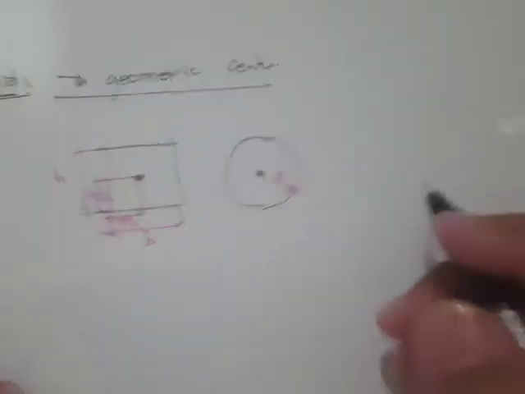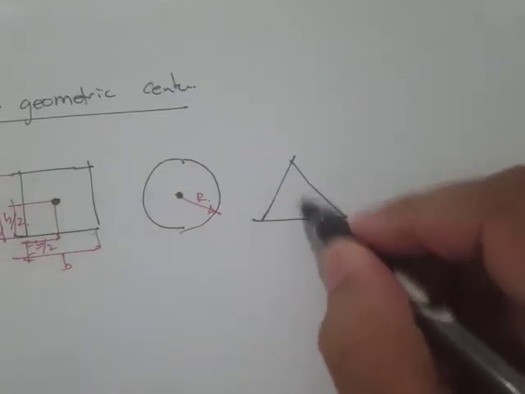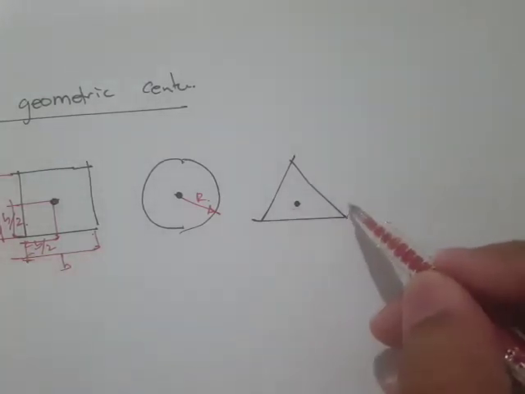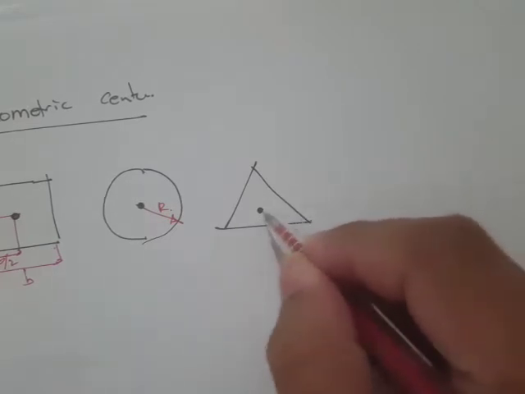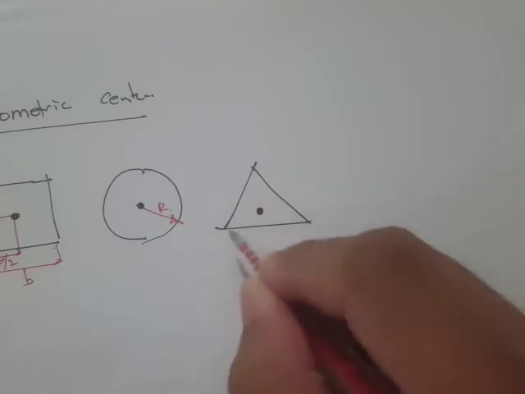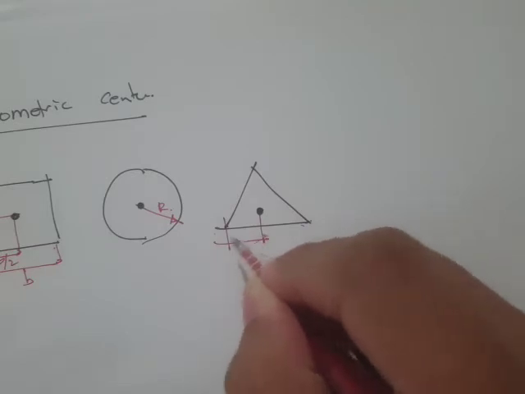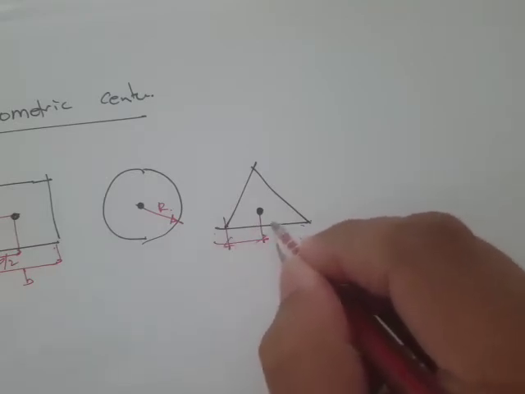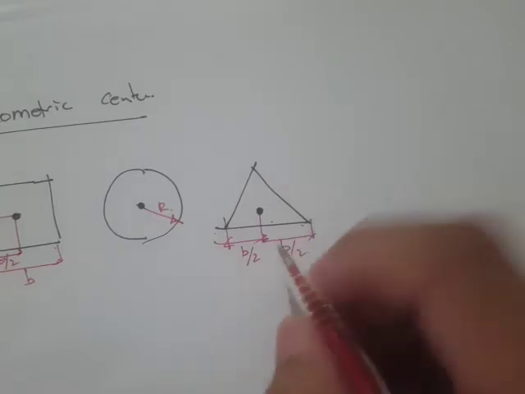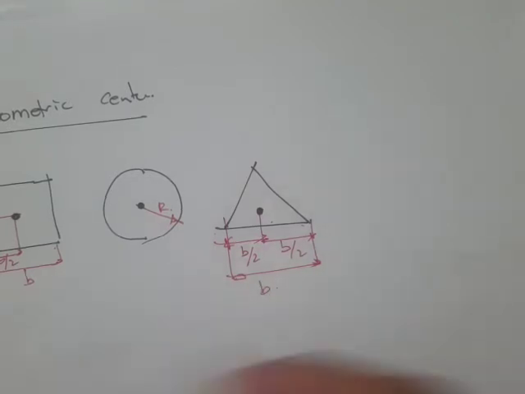And then for a triangular shape, the center is somewhere in this location. The distance from this centroid with respect to the base, let's say this is our base designated as b, is b over 2.